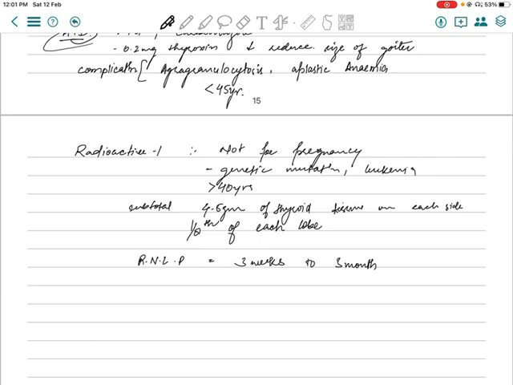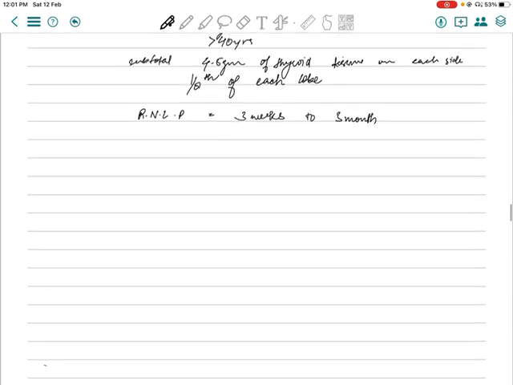Now, thyroid crisis or storm is a severe thyrotoxic reaction that appears suddenly within 3 to 4 days of operation. So if something is happening at 3 to 4 days of thyroid surgery, then it could be thyroid storm or crisis.